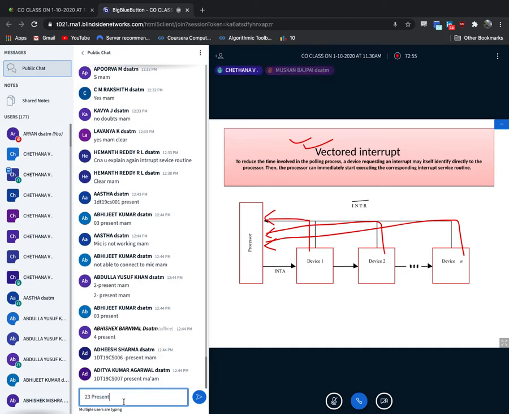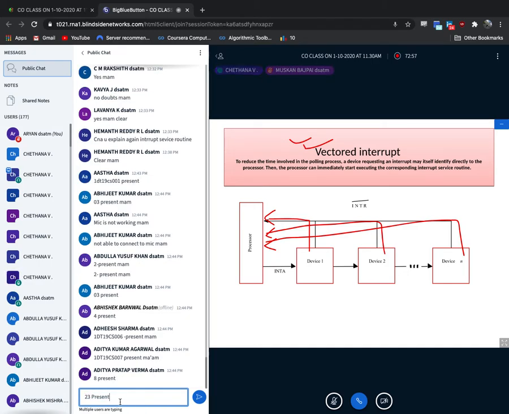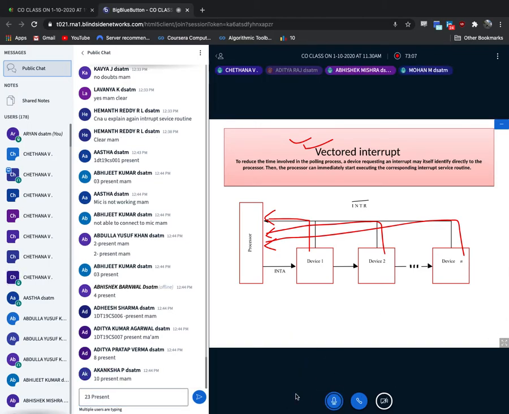Aditya Pratap. Aditya Raj. Present, ma'am. Akanksha. Tell me. Ma'am, USN 5, Abhishek Mishra. Okay, Abhishek. Done. Aditya Raj, USN number 9, present now.